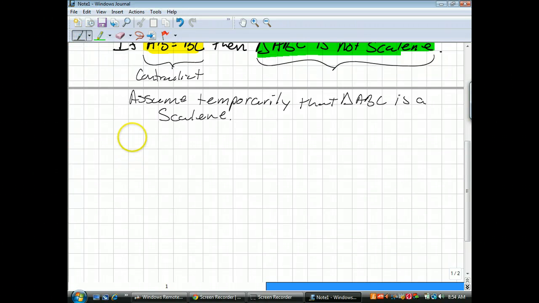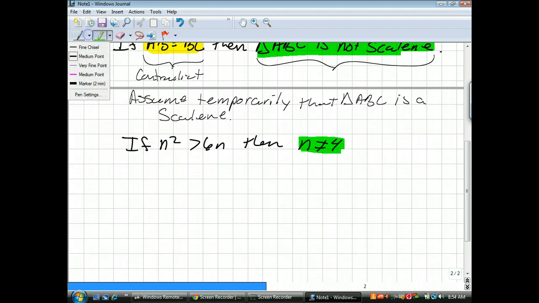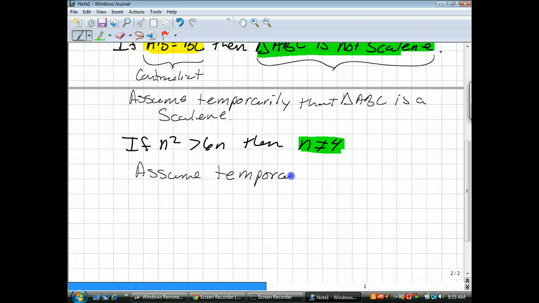If I had the conditional, if n squared is greater than 6n, then n is not equal to 4. Right, so the first sentence in my indirect proof would be the opposite of what I'm trying to prove. I'm trying to prove that n is not equal to 4. So I start out by saying, assume temporarily that n equals 4.